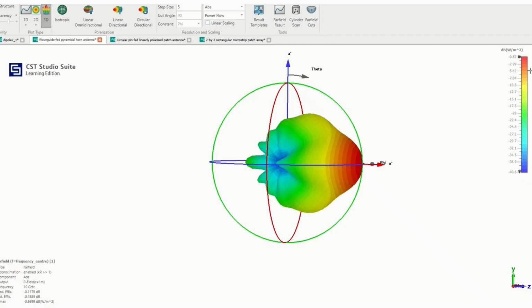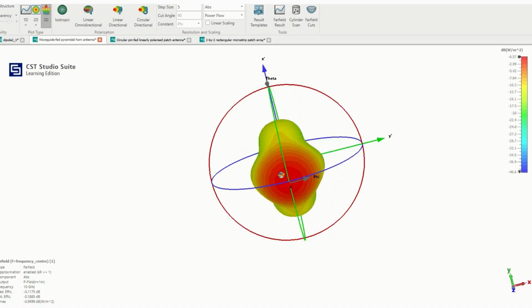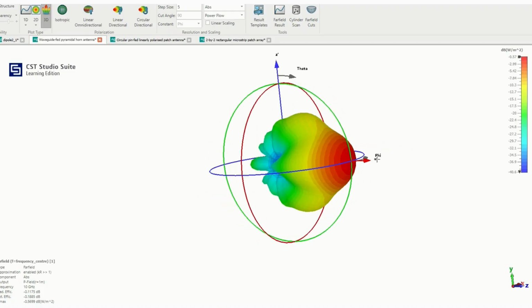So to enhance the visibility, we can always use the dB scaling. That's why we are always using the dB scaling for the radiation patterns. So in most of the reports, instead of the electric field distribution or the power flow distribution, we will be plotting the gain or directivity, which is plotted in most of the papers.